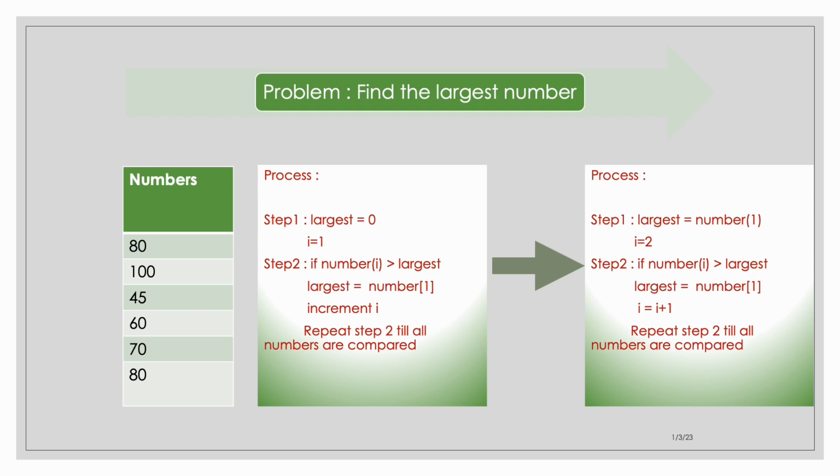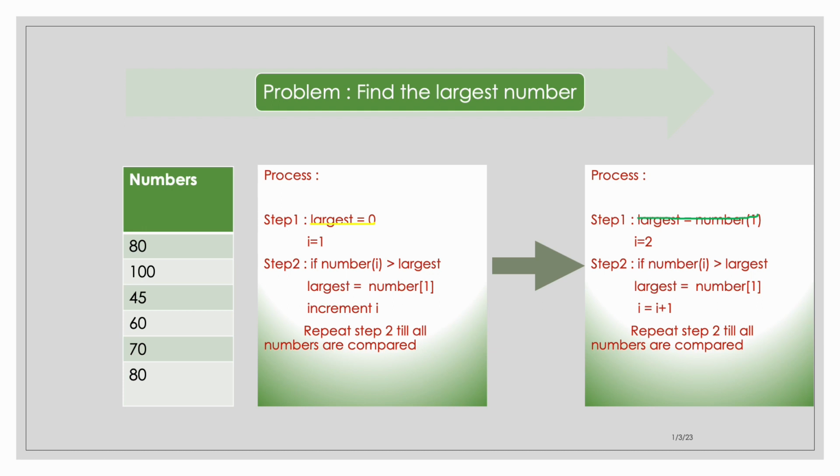Instead of setting our largest number as 0, we can set the largest number as number 1, which is 80. And from there on, we just repeat the same steps to get the largest number correctly.